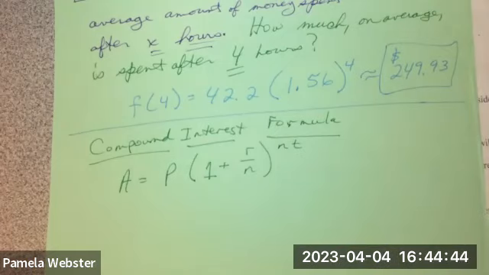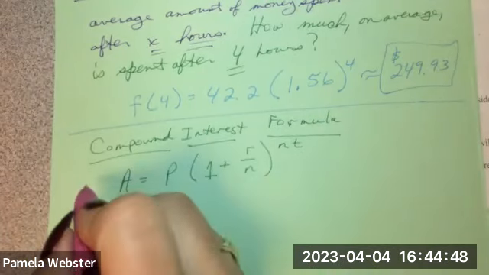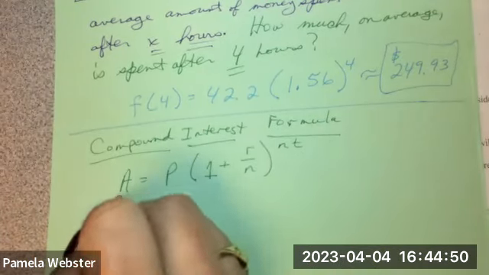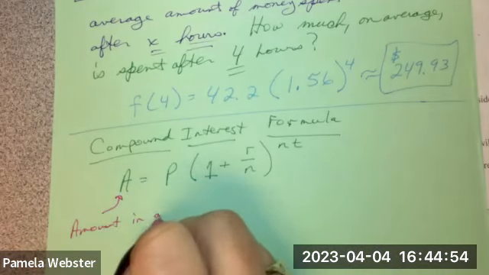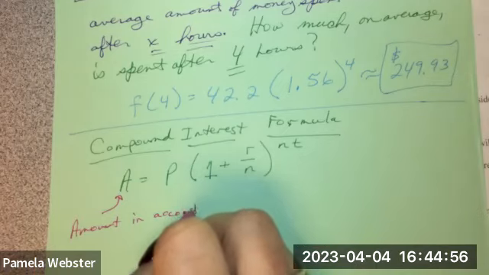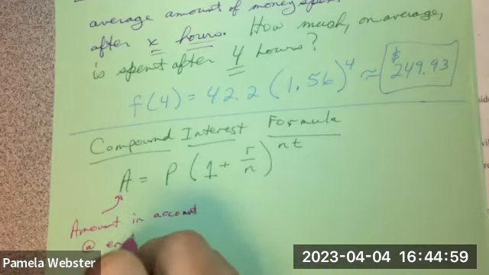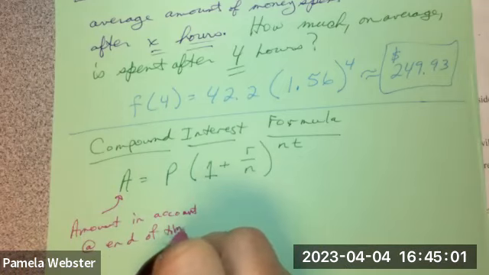So let's go. The A stands for amount. Basically I like to think this is the amount in my account at the end of whatever time I'm leaving it there.